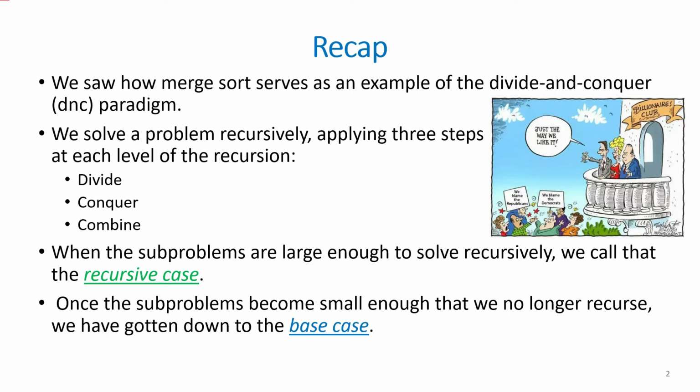In the conquer phase, if the subproblem size is still large enough, then the subproblem is further broken down recursively until the base case is achieved. Finally, in the combine phase, once we have the solutions to the smallest subproblems, we combine the solutions to eventually get the solution to the original problem.